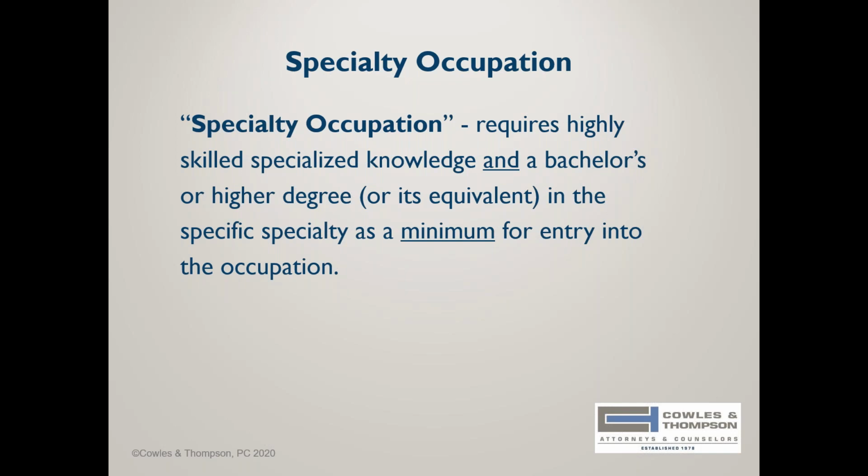Highly specialized knowledge is defined by how much do you have to study to obtain or gain the knowledge for specific occupation. So there are in the law certain occupations that are already determined they are a specialty occupation. And for example, physicians, engineers, there's a bunch of them there, accountants.